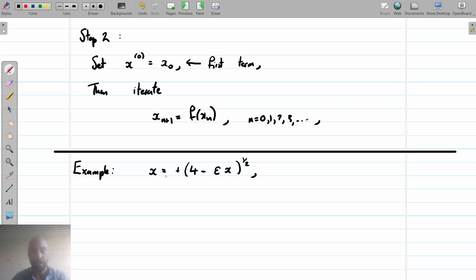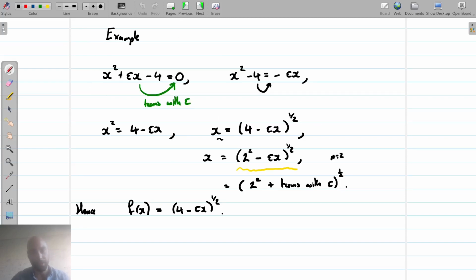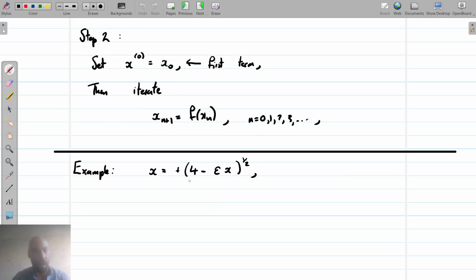What we had a second ago was x is equal to this. So this is just this equation here, which I've written out again. All I want to do is take my right hand side and say x n plus 1 is equal to plus 4 minus epsilon x n to the half. Okay, so that's my formula done.